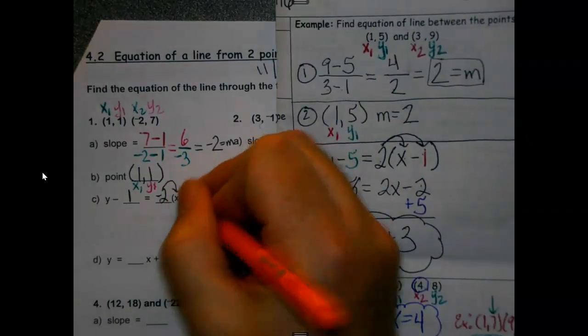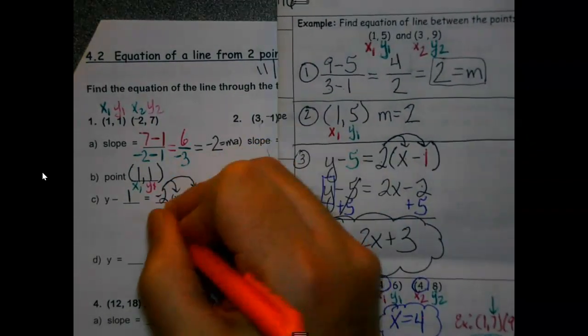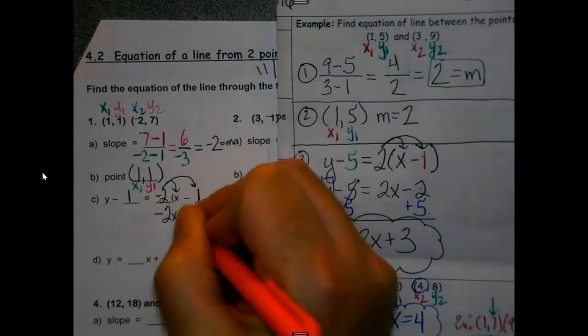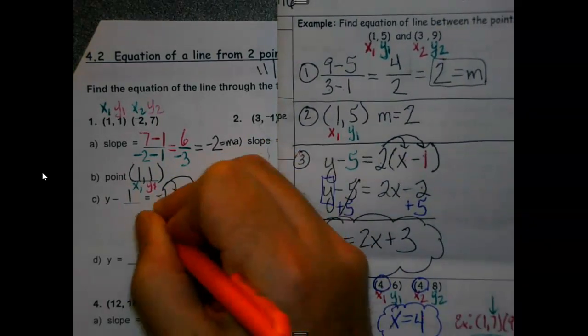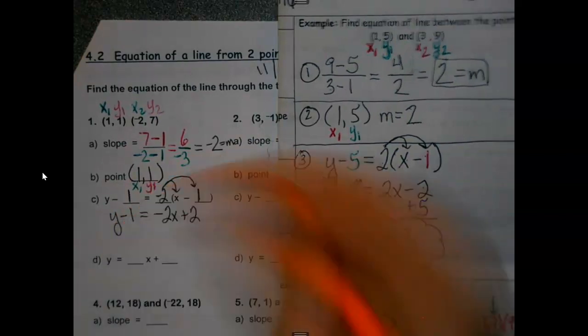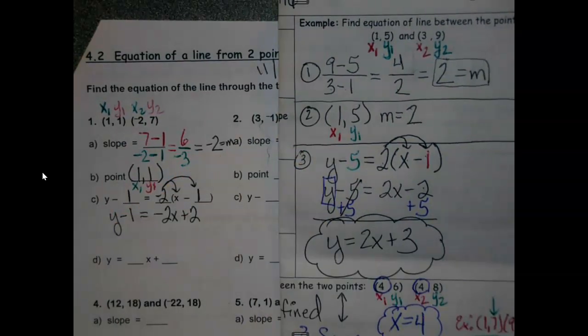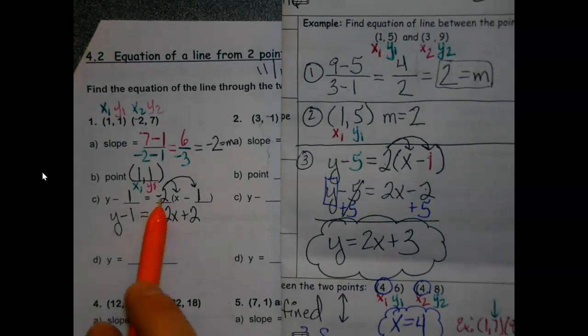First step is to distribute, to multiply. Again, be careful for little things like negative times negative is positive.